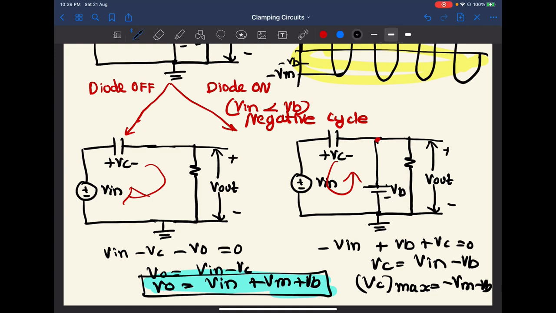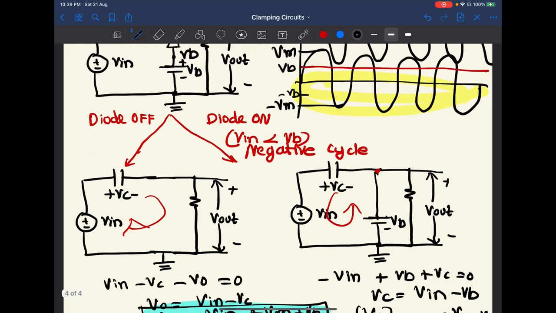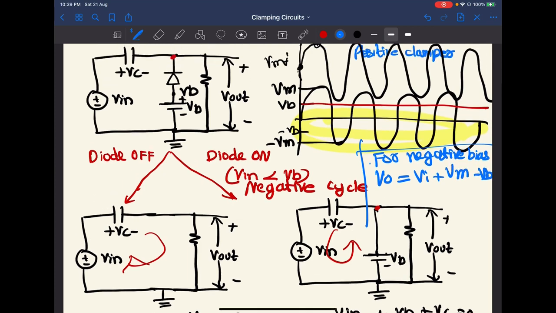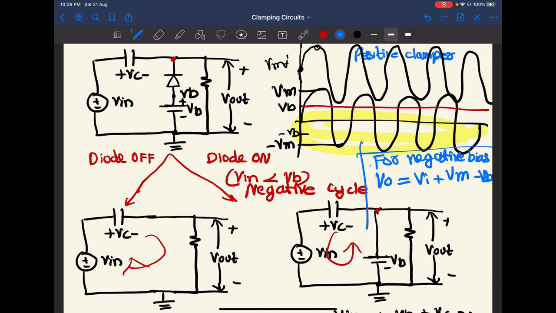The output wave will be, so I am writing here, for negative bias, V out equal to V in plus Vm. Instead of plus Vb, there will be minus Vb. That is the only change from here. Only we are changing the direction of Vb.